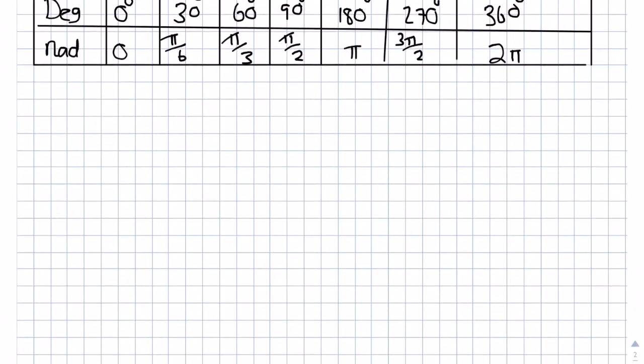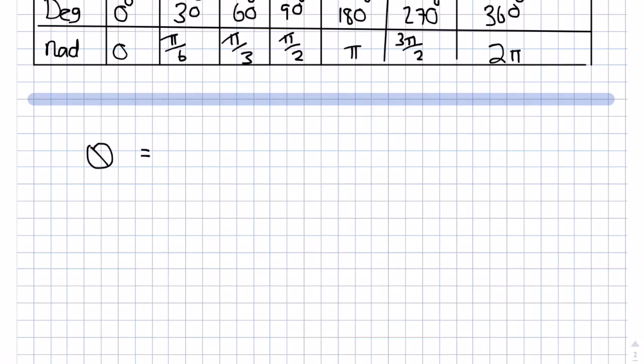Okay, let's have a look then at the next part, which is the length of an arc. So we know that the angle in radians is the length of the arc divided by the radius.